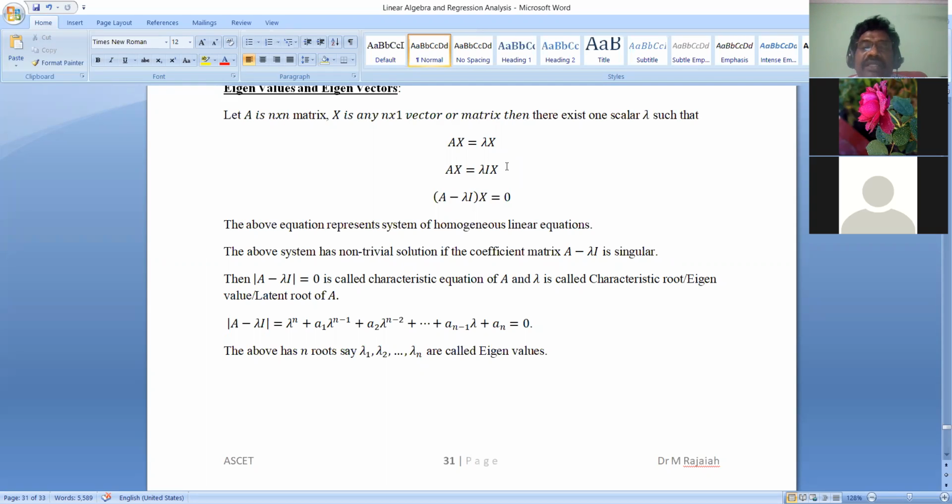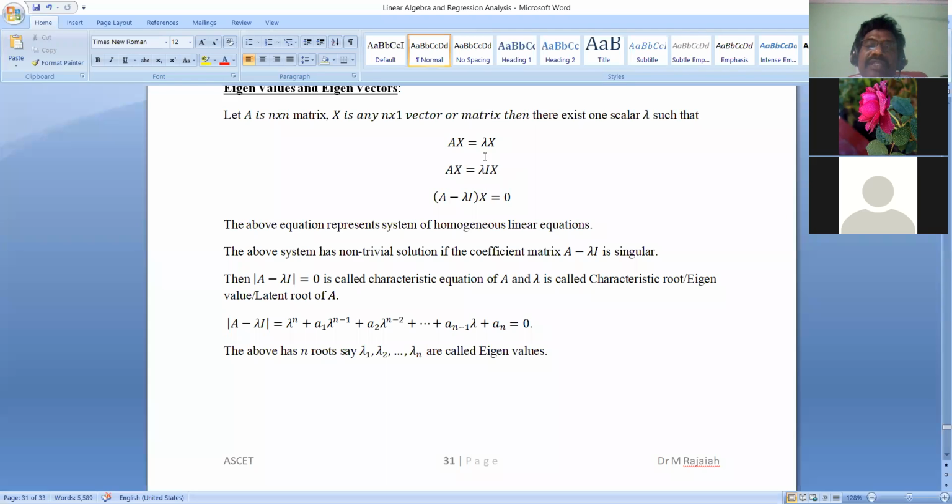In the n by n identity matrix, all the principal diagonal elements are ones and the remaining elements are zeros, so there is no change in the given lambda x.